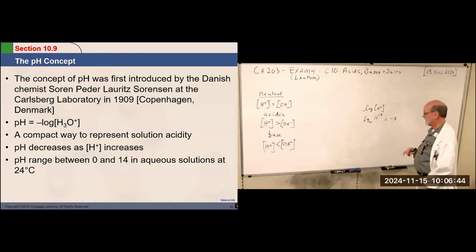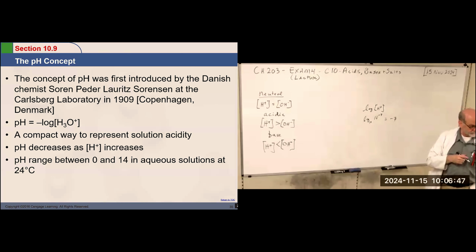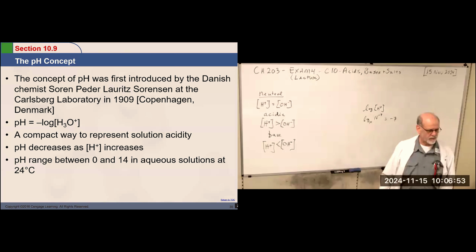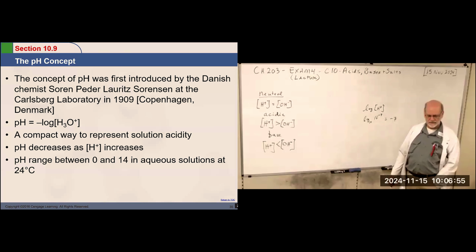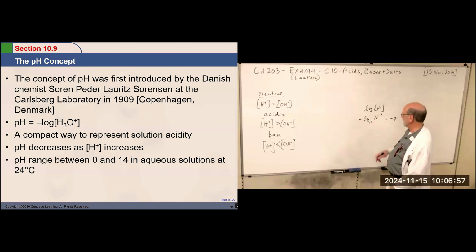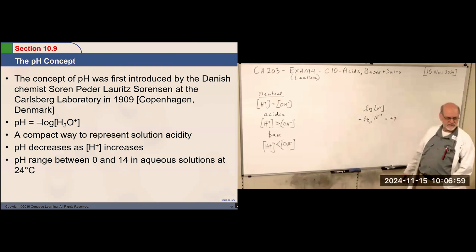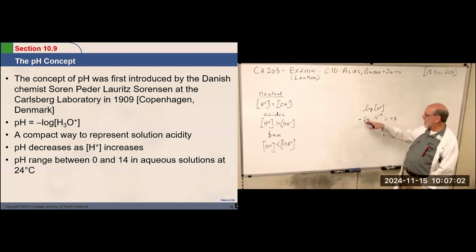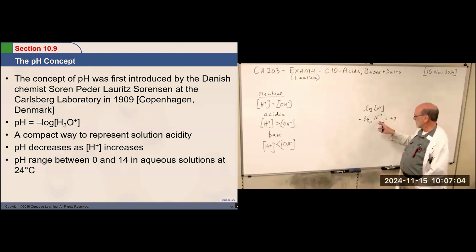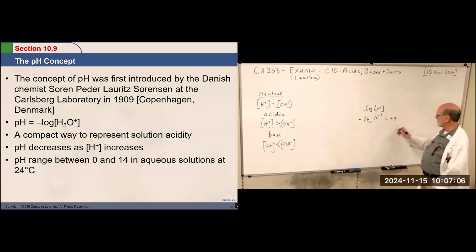Minus 7 is the log of that number. Okay? Well, he said, I don't want negative numbers. Right? That's almost as bad as scientific notation. So he said, all right, I'll just put a negative over here. Now it makes it positive. So the negative log of the hydrogen ion concentration is pH.